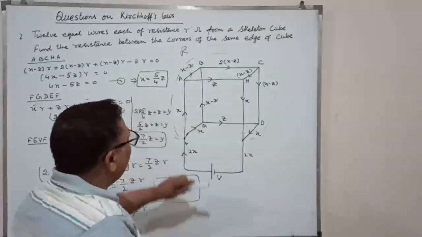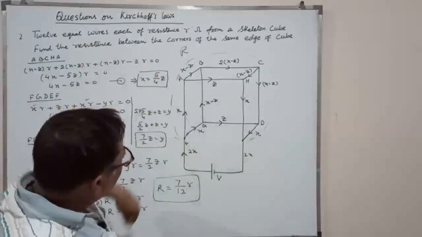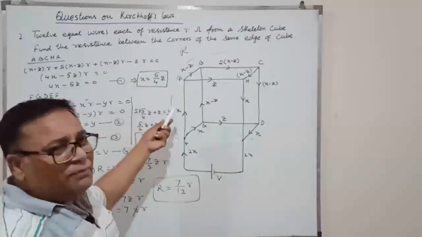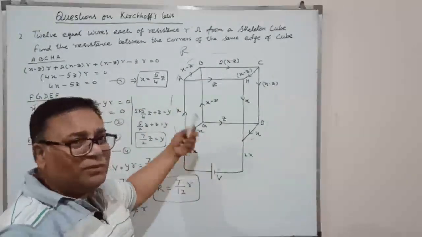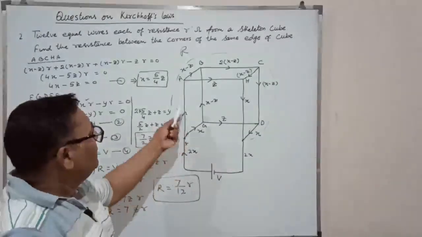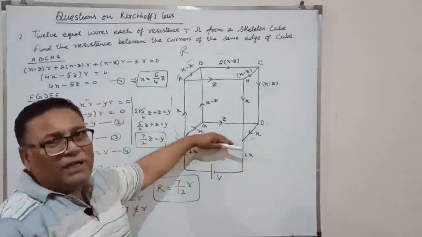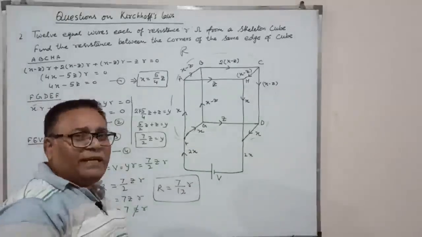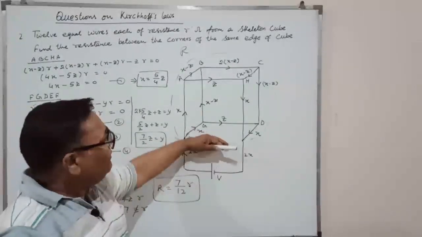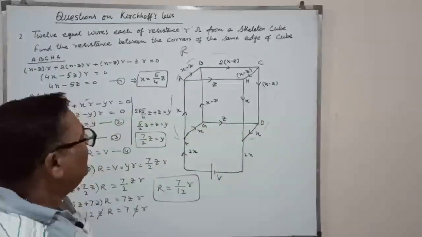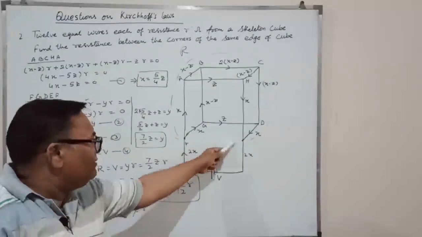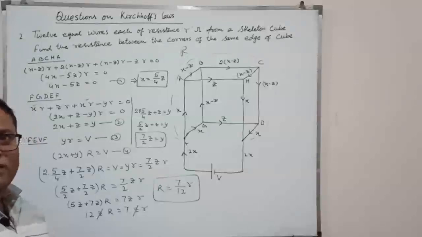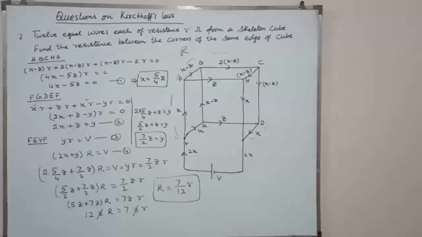Then we solve the problem in the same manner as the previous problem. Clear? This is the third problem. If we form the cube by 11 branches and find out the equivalent resistance, then we solve the problem in this manner, same pattern, equation is same, but this y is not here. Clear?